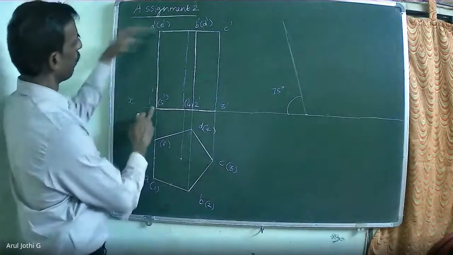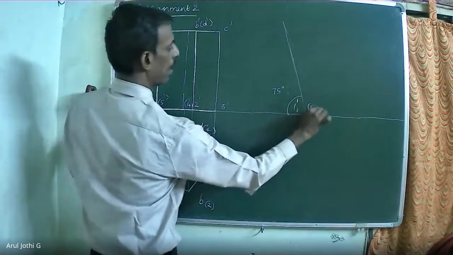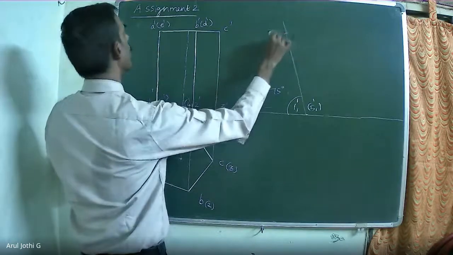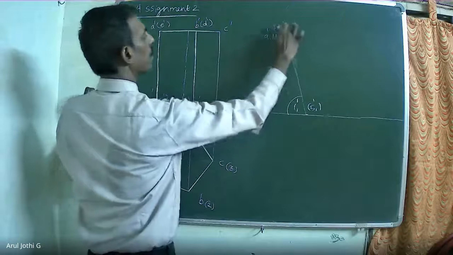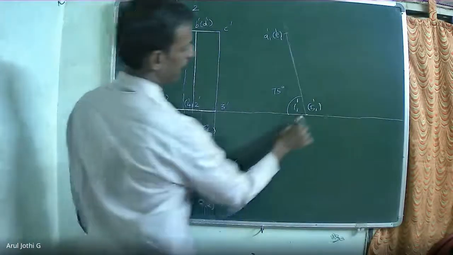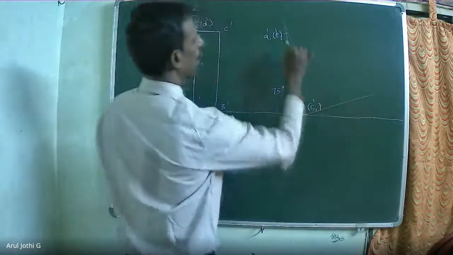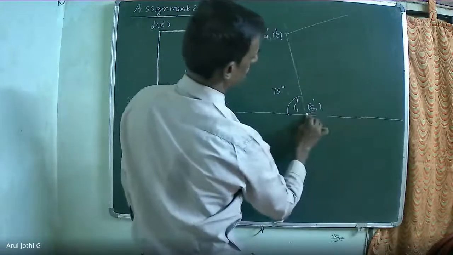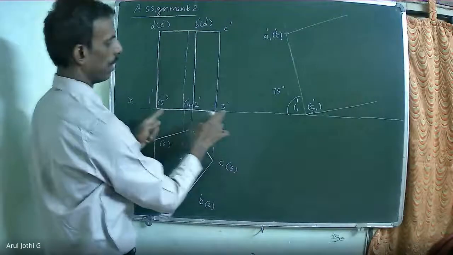Now transfer this vertical line. Now through this you draw the perpendicular line. Through this draw the perpendicular line. Now transfer 1 and 3.